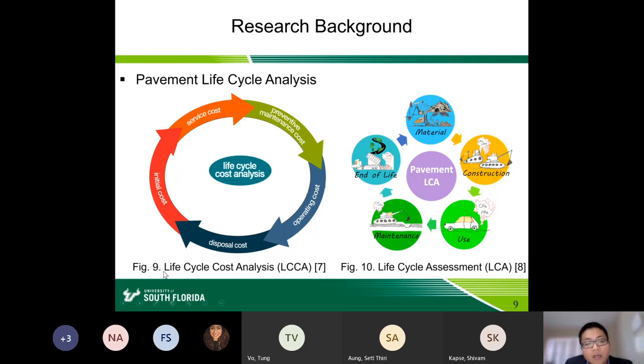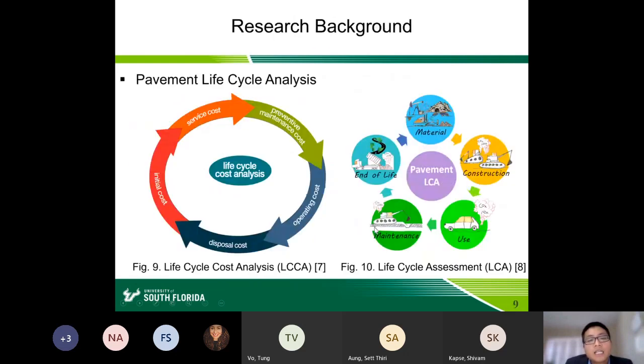For example, figure 9 is a life cycle cost analysis, which tries to evaluate the economic cost of a pavement system over a certain time period. Life cycle assessment, shown in figure 10, is used to evaluate the effects of the pavement on the environment.